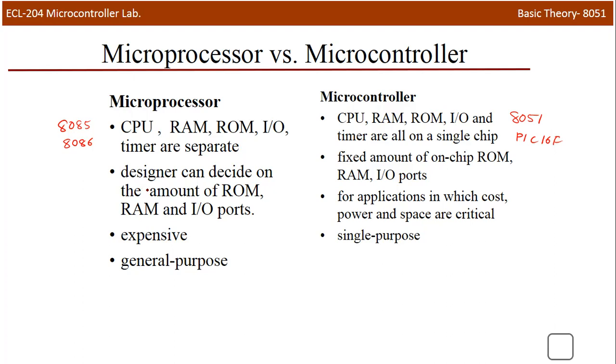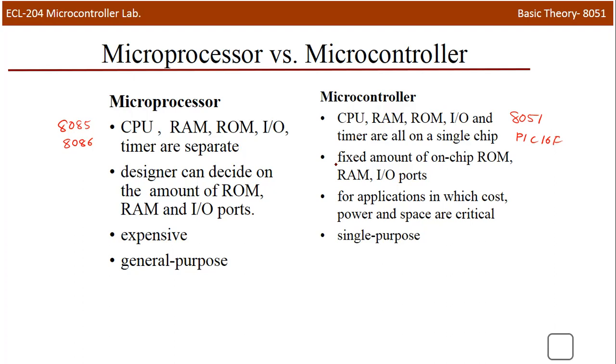So in the case of a microprocessor, the designer can decide on the amount of ROM, RAM, input output. So there is a limitation, but still we can add extra RAM, ROM, input output devices based on the application. But in the case of a microcontroller, most of the time, all these units are fixed in size. So if you take the ROM, RAM, input output, there is a fixed amount of RAM.